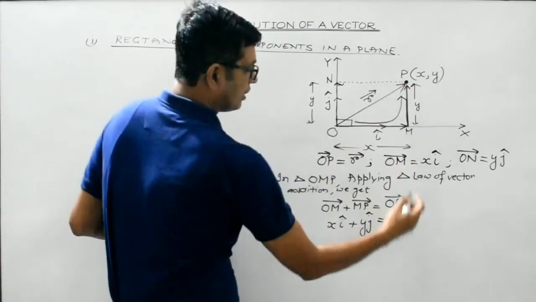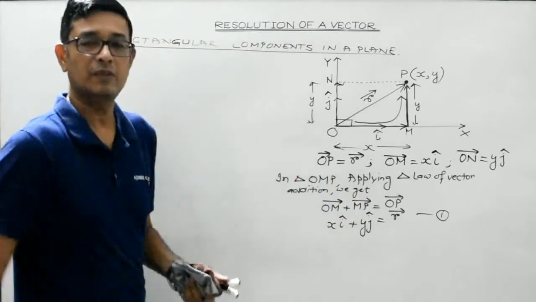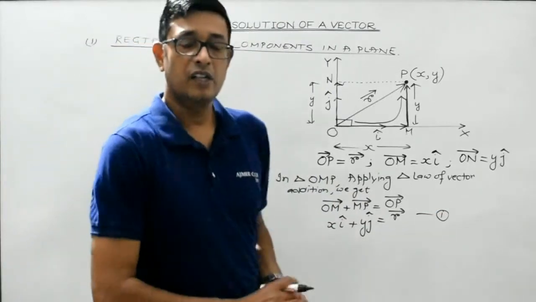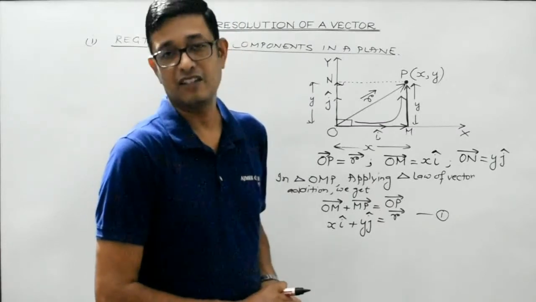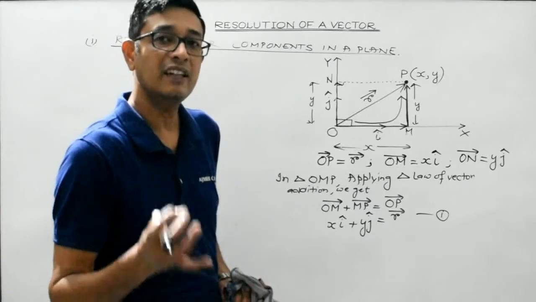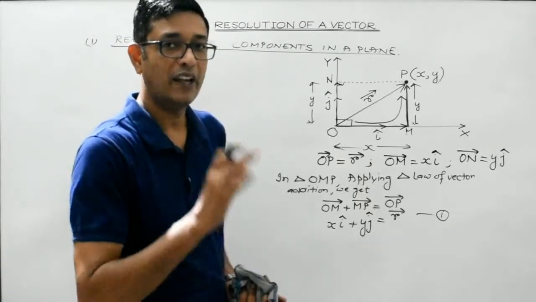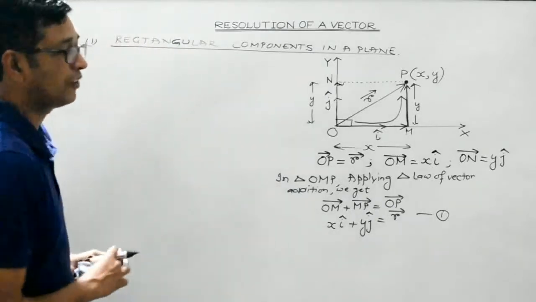OP vector is equal to r vector. So this is the first step. If the coordinates are given to be x, y, then r vector, which is the position vector, will be represented in terms of i cap, j cap as x i cap plus y j cap. Clear, students? Okay.